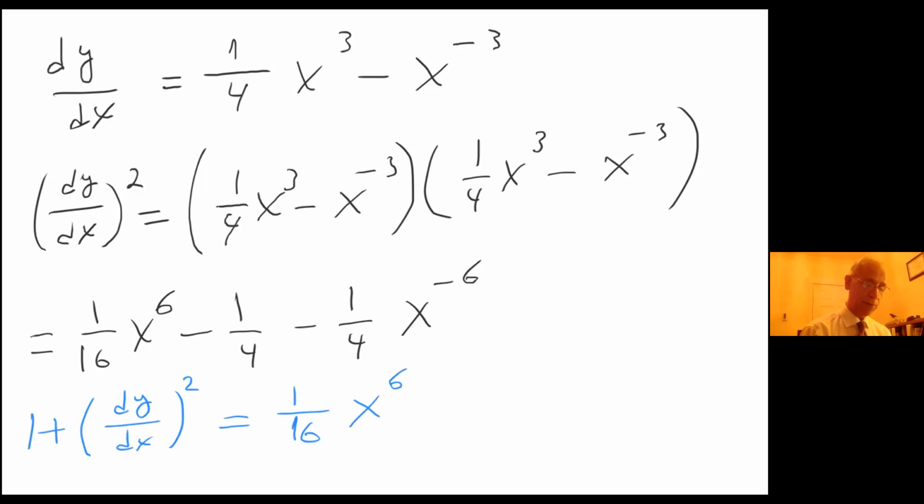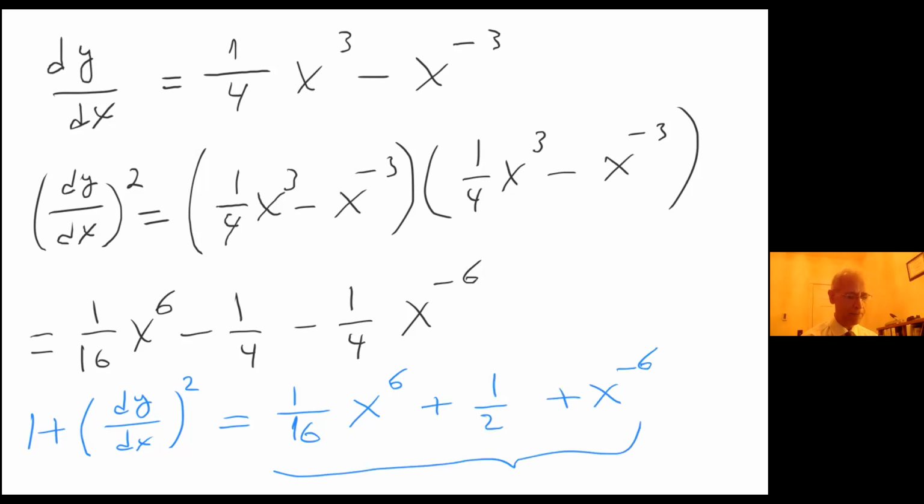Negative 1/4 and negative 1/4 is negative 1/2. Add 1 to it, I get plus 1/2. And then I have plus x to the minus 6. And notice that I can rewrite this in a perfect square form.